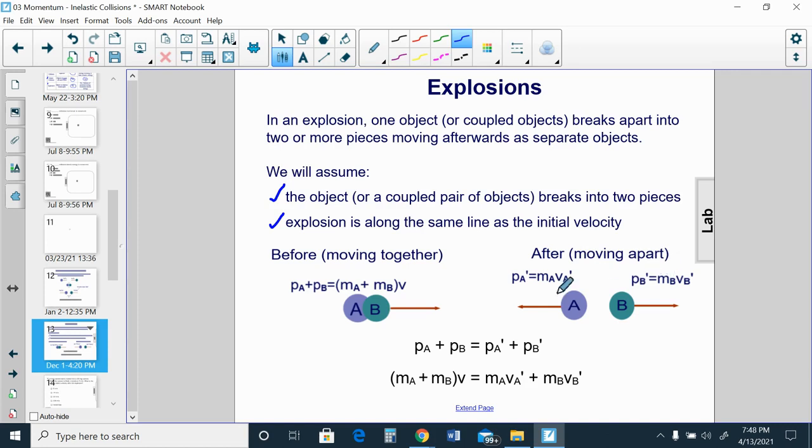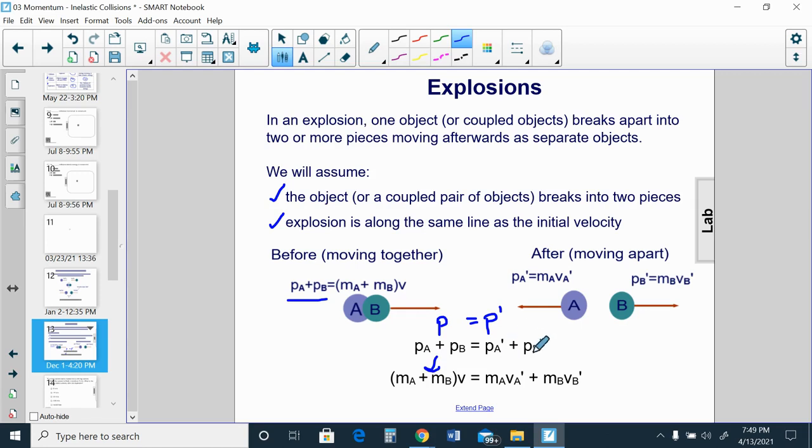Now, what this looks like, when we're talking about conservation principles, we know that the initial momentum is going to be equal to the final momentum. In this case, we have two objects, so the initial momentum equals the sum of the after momentum of object A and B. And up here, since we just said that the sum for the before is equal to M sub A plus M sub B, the sum of their masses, times velocity, we just sub that in on that side of the equation.